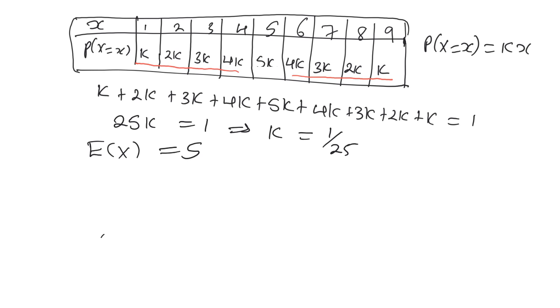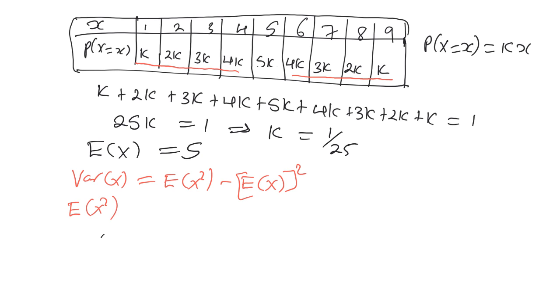Then the variance of x is the expectation of x squared minus the square of the expectation of x. So the task we have here is to find the expectation of x squared. There is no shortcut.